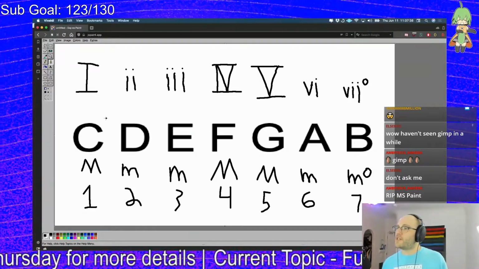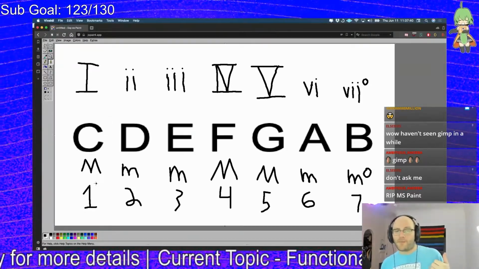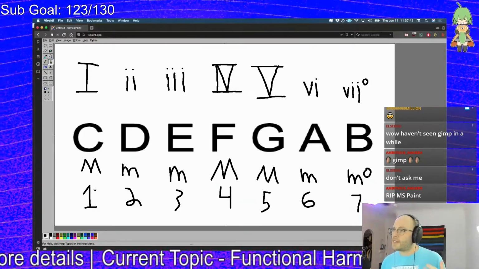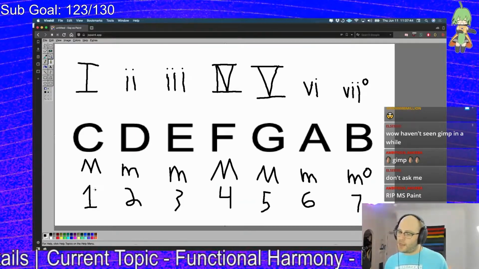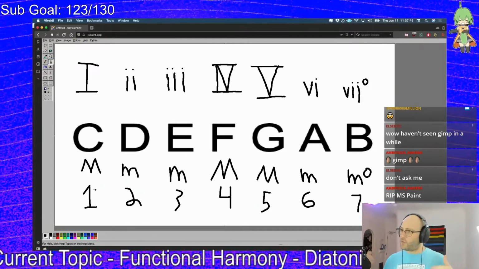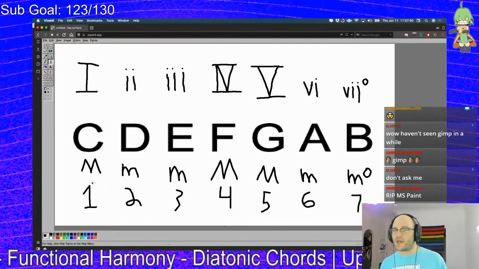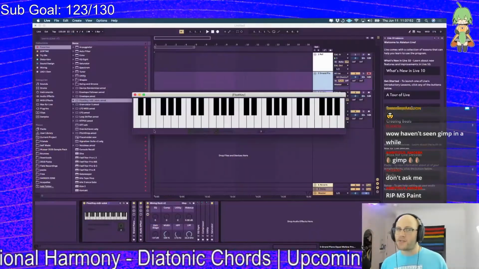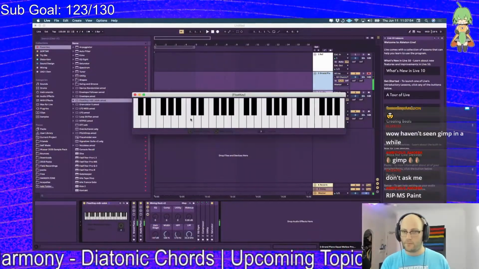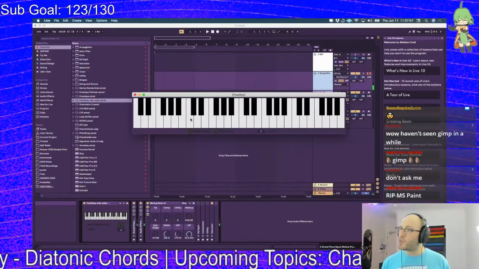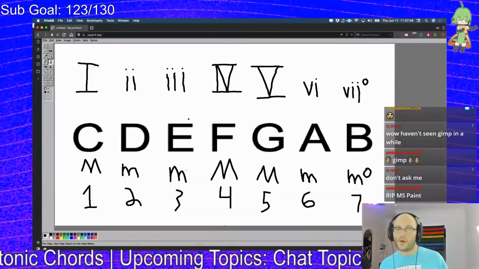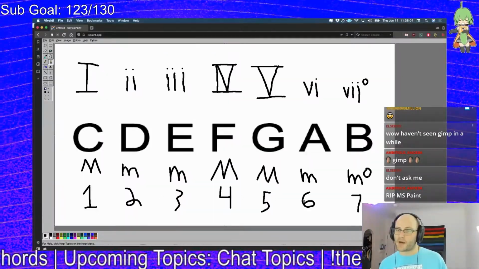When we refer to these notes, because there is now a lot of overlapping terminology, if I was referring to these in terms of where they are in the scale and not in terms of the actual chords, we would usually use these numbers down here.